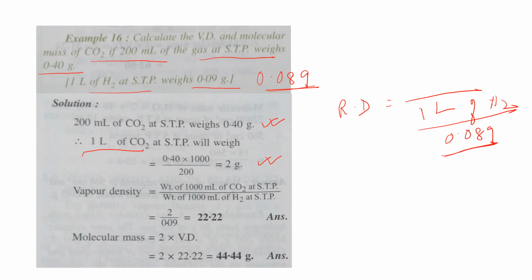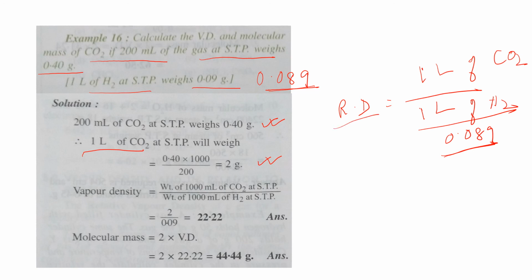This weight we know, that at STP 1 liter of hydrogen is weighing 0.089. And similarly, for equal volume, I have to find out for CO2 also 1 liter. What is the mass for 1 liter of CO2? And then only we can compare, and then only we can get the relative vapor density.